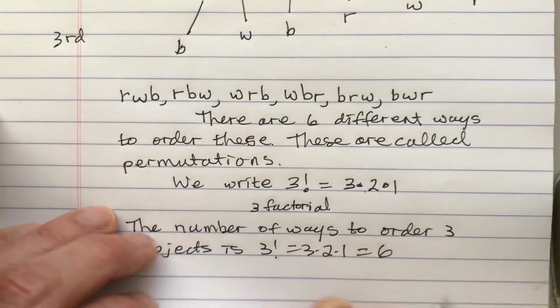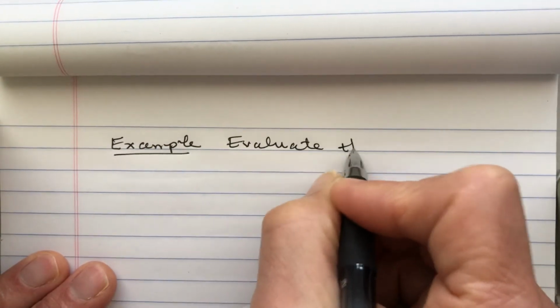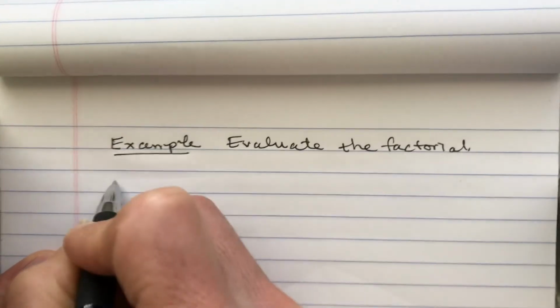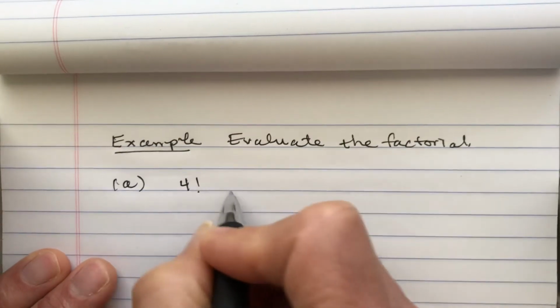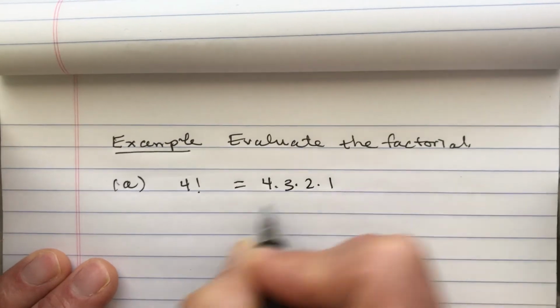So let's go ahead and focus mostly on evaluating factorials. So we already did 3 factorial. Let's do 4 factorial. 4 factorial is 4 times 3 times 2 times 1.